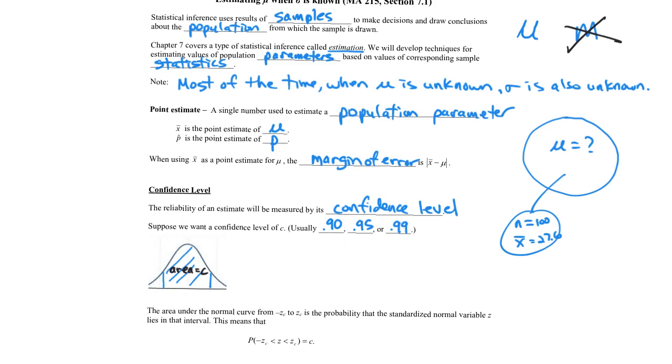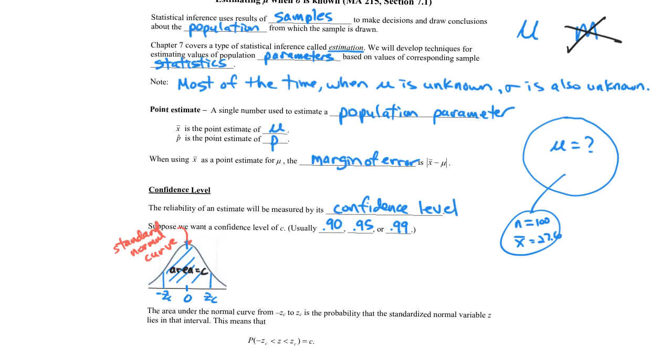So this right here is a standard normal curve. Right, it's standard normal, which means it has z-scores. So this right in the middle would be a z-score of 0. And this is z sub c, and this is negative z sub c. And I'm going to actually move this over because this is going to be a symmetrical curve, so we've got a 0 there.